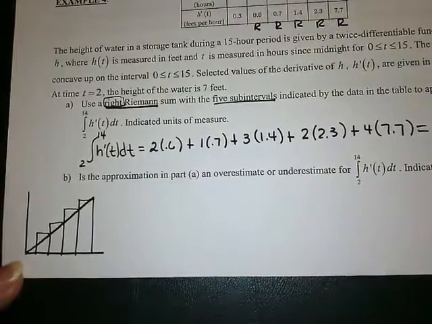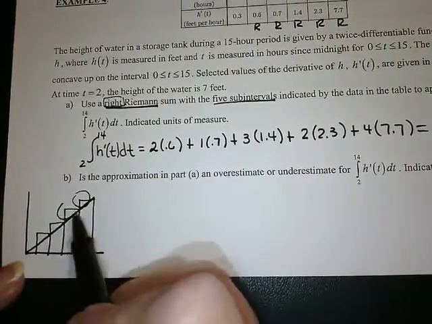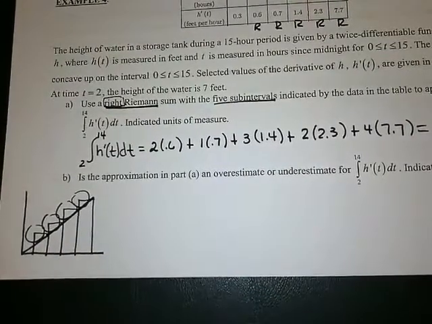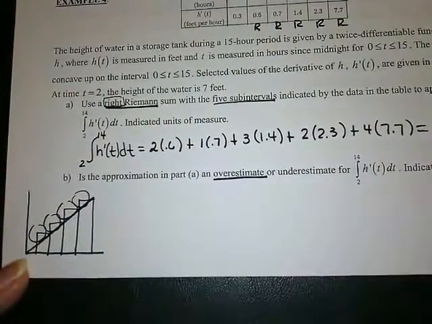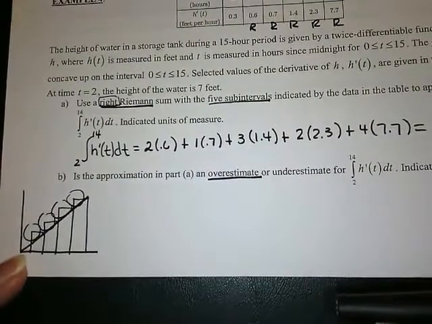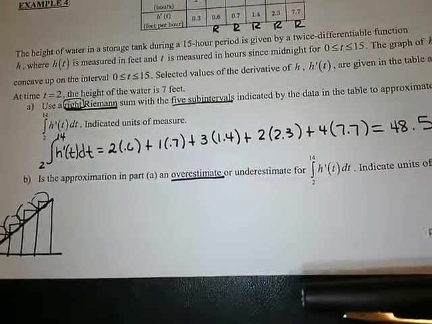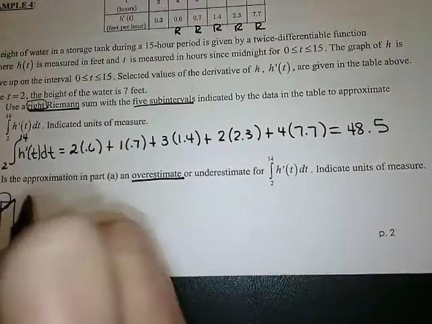So when I look at it, I can see that I have all this space that is outside of the area under the curve. Okay, so what does that mean? That means that I am overestimating this thing, okay? So by using a right Riemann sum on an increasing function, I am going to overestimate the area under the curve.